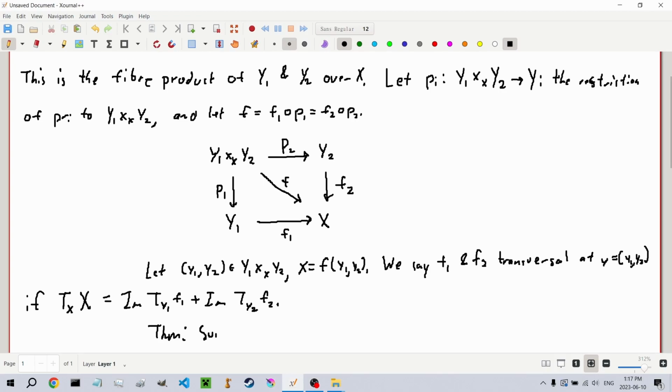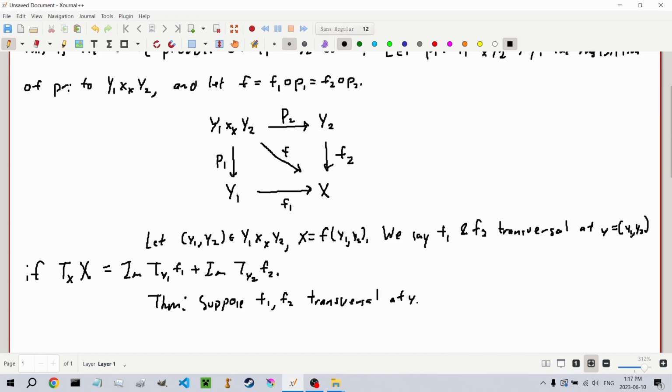So suppose we have such an f1, f2 being transversal at y. Then we have a few consequences.